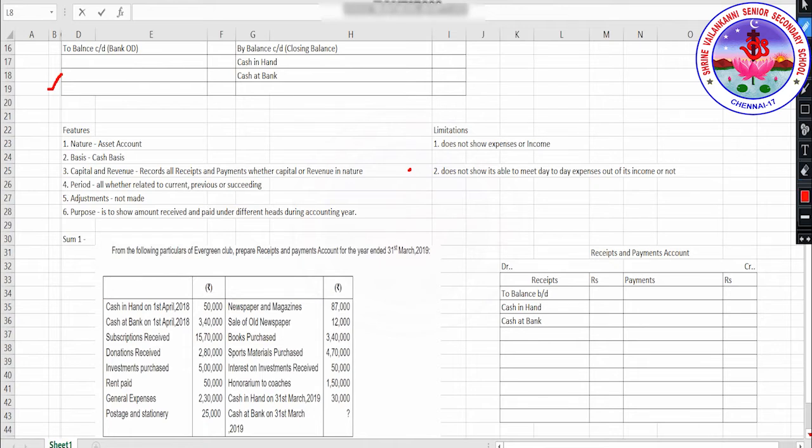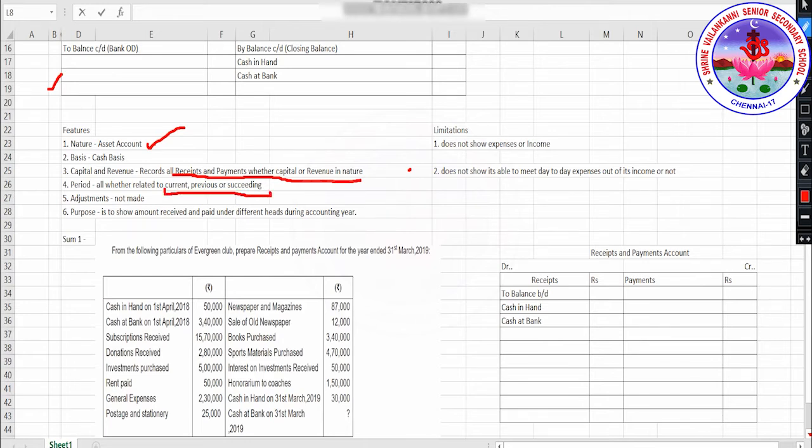It is an asset account. It is like a cash book, so it is like an asset account. The basis is the cash basis of accounting. Capital and revenue: it records all receipts and payments, whether revenue in nature or capital in nature. Period: it is relevant for current, previous, and successive years.